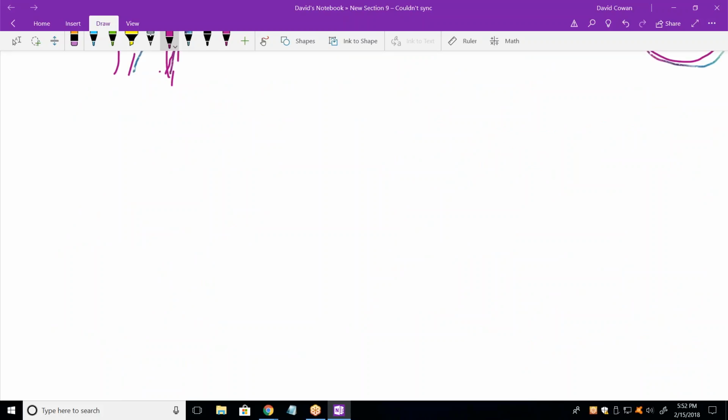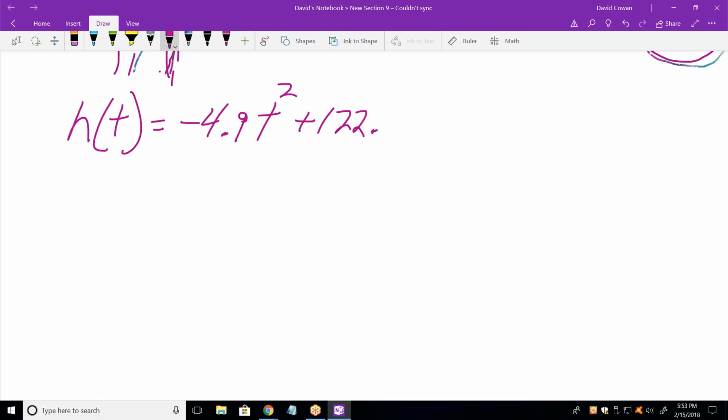So the function h of t equals negative 4.9 t squared plus 122.5. Just 122.5. Yeah.